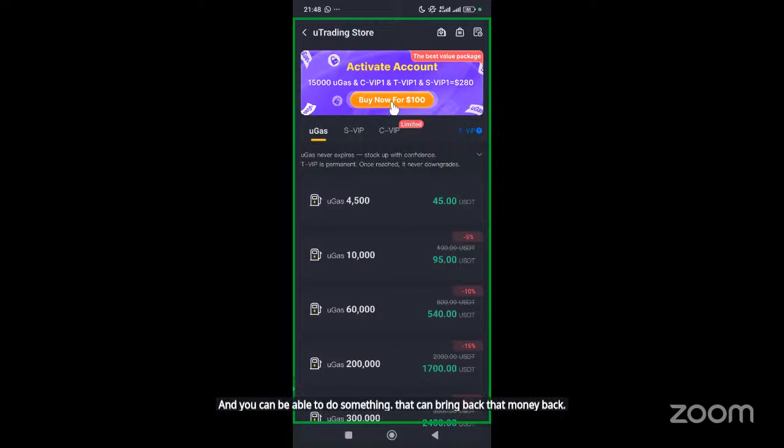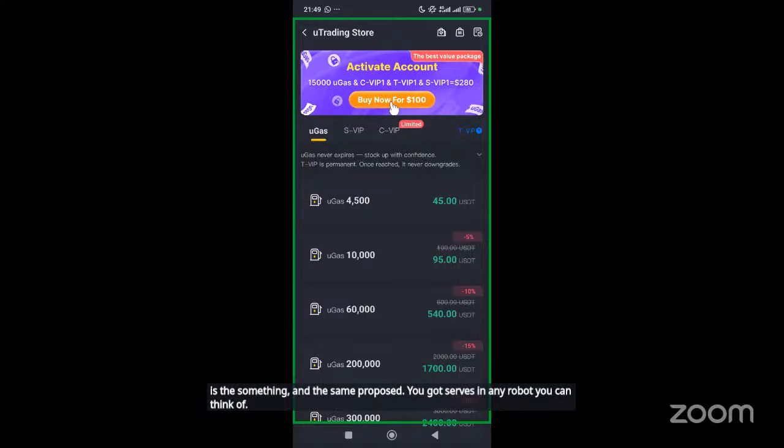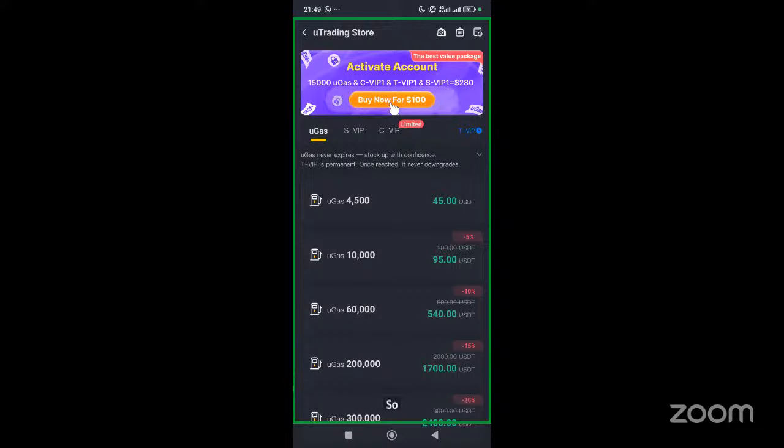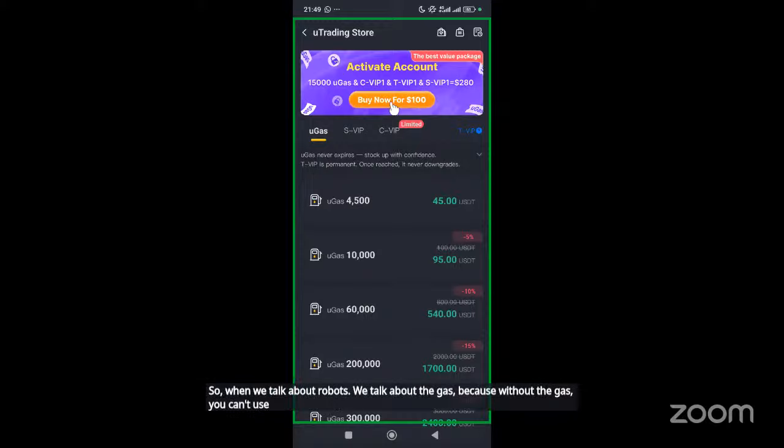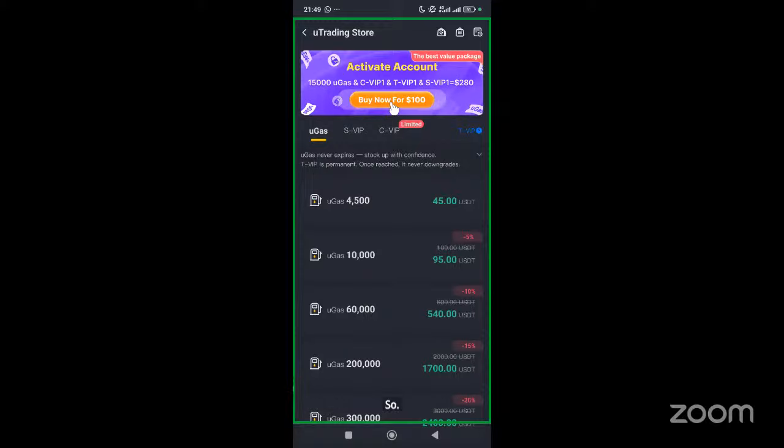You can use your data to run a business. You can use it to run anything. It's the same purpose UGAS serves in any robot you can think of under the surface of the planet Earth. So when we talk about robots, we talk about the gas, because without the gas, you can't use a robot. So all you need is to activate the UGAS and you are good to go.